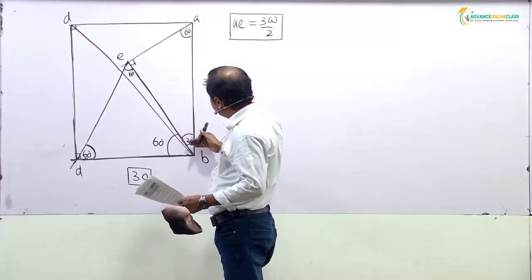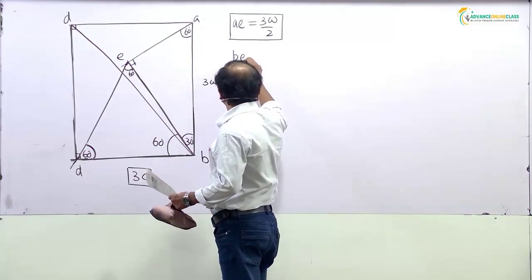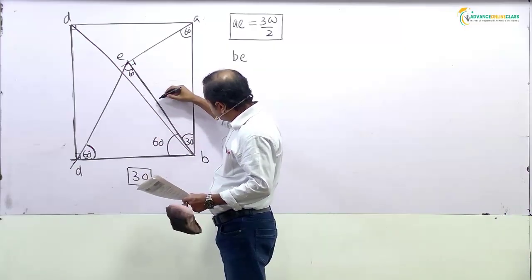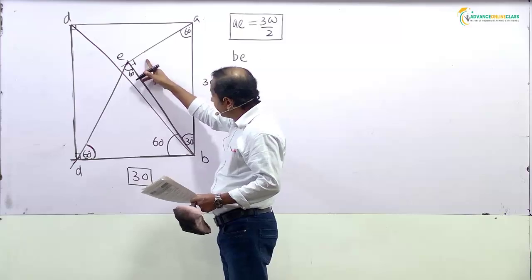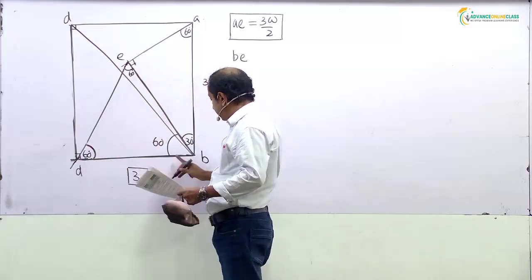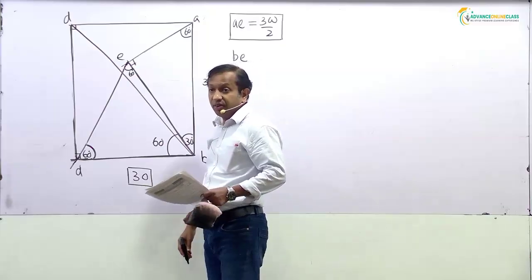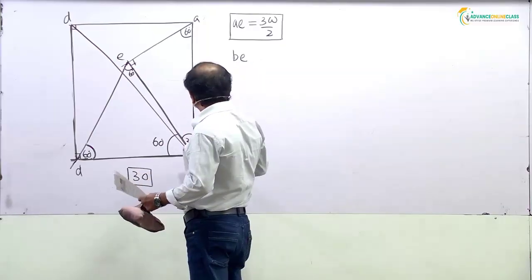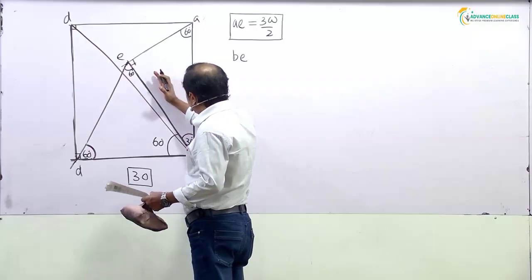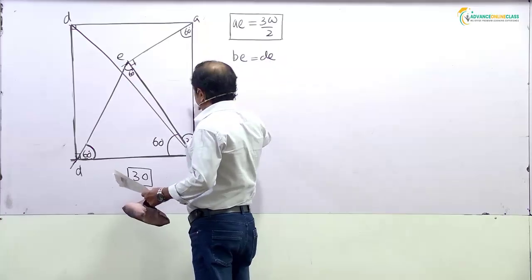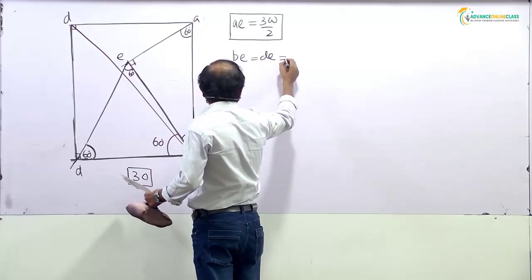Okay, and BE, you know, this triangle BED is an equilateral triangle. All three sides are equal. BE equals DE equals BD.